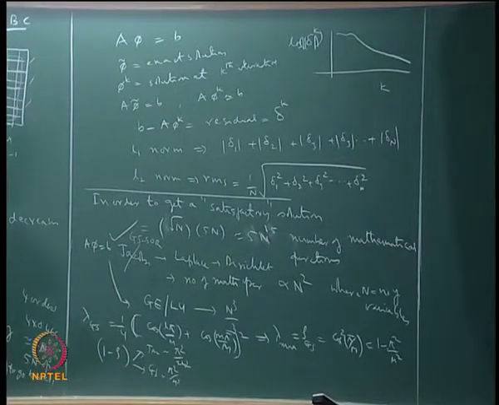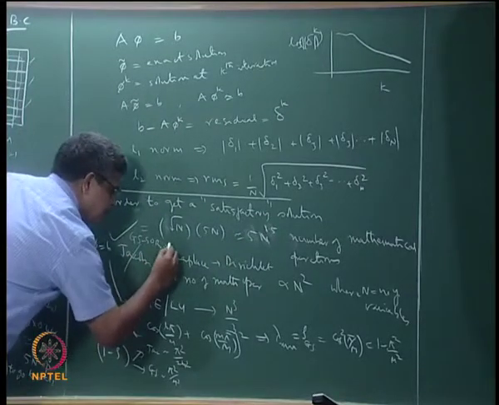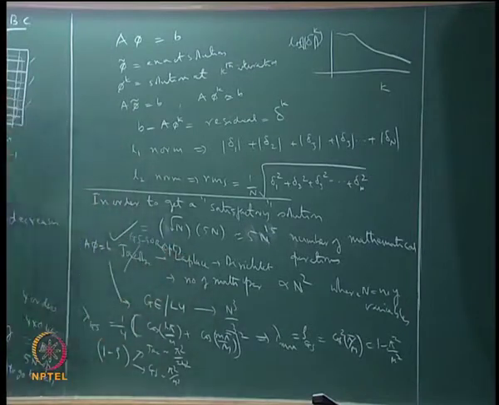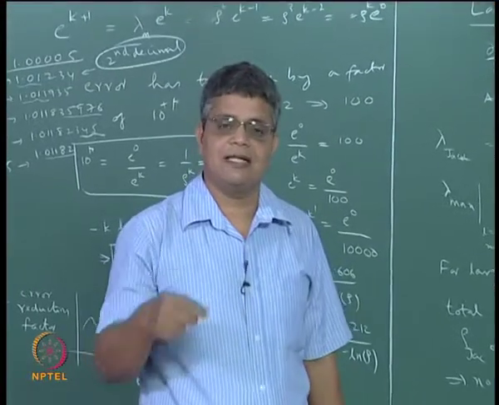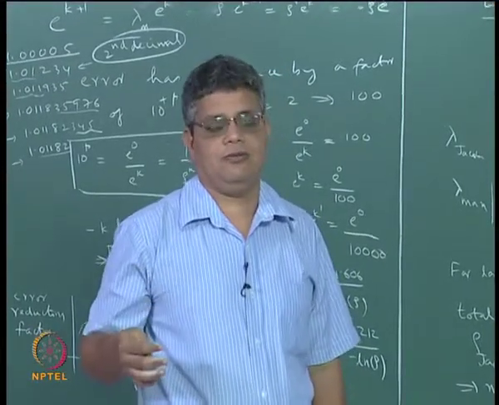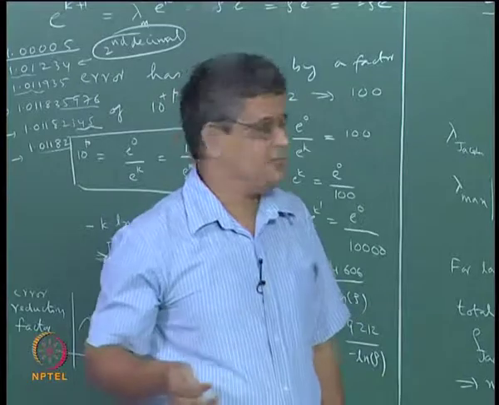So this is for the case of optimal SR method, where the parameter omega has been optimized so that the spectral radius is as low as possible for the Laplace equation.